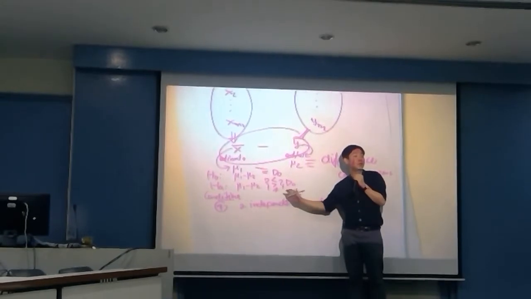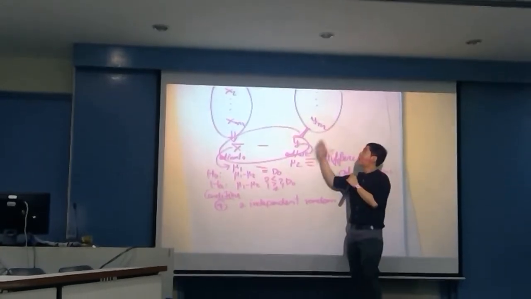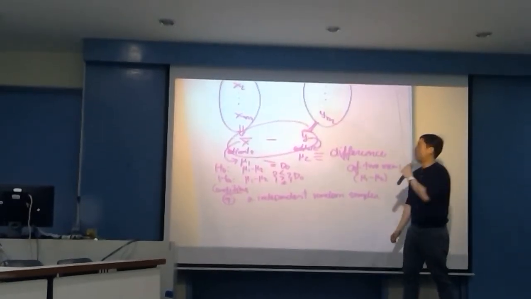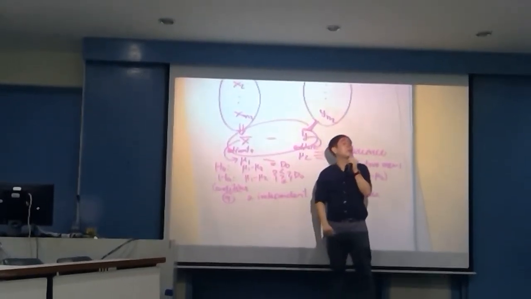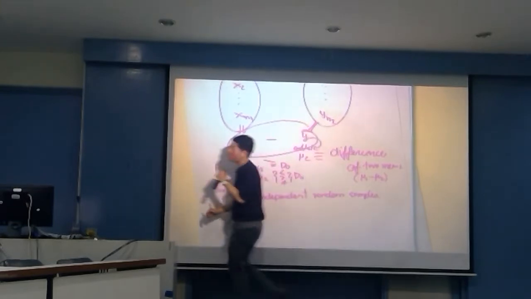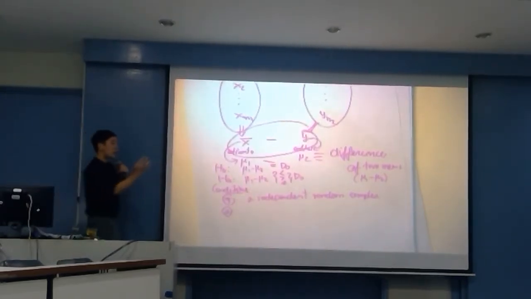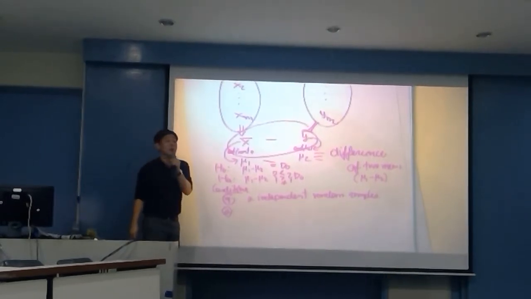Independent, for example, means there is no overlapping between the two samples, or maybe they are not matching up in any way. The second condition is about samples being from normal or n being large.